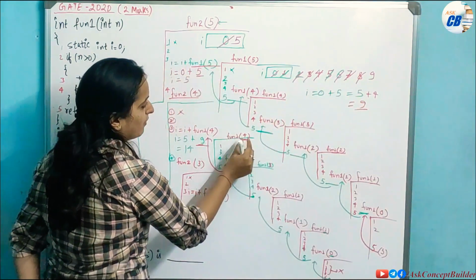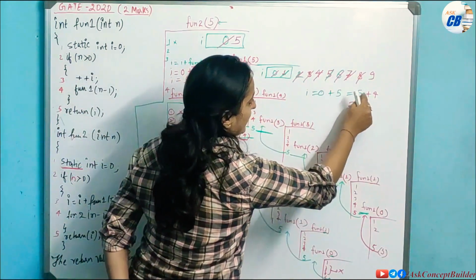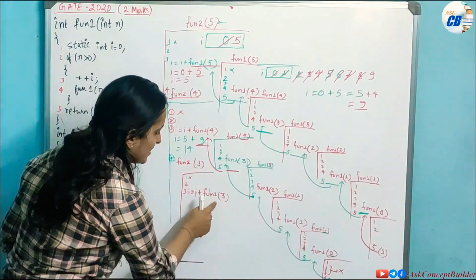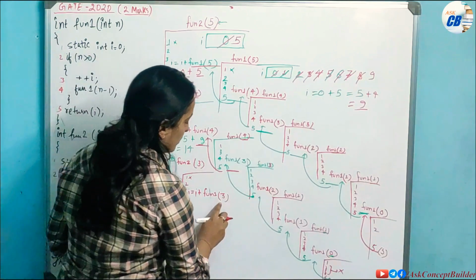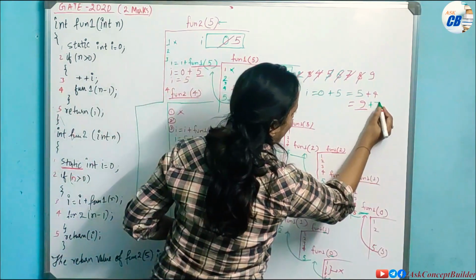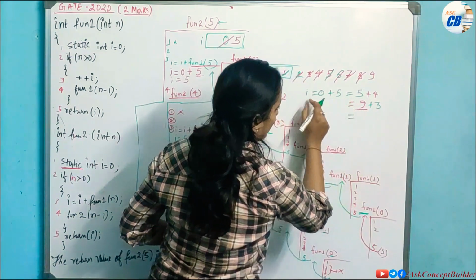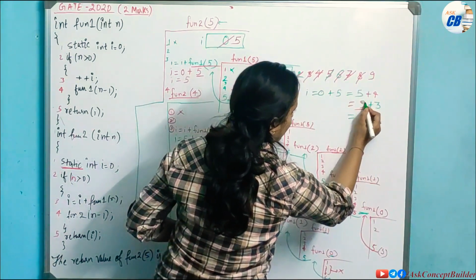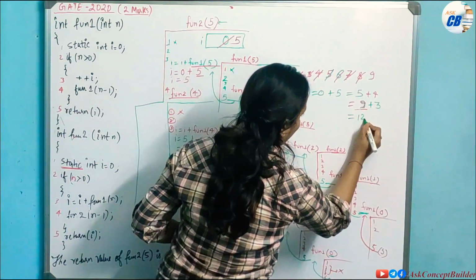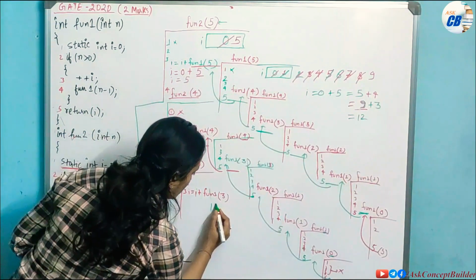Then we passed 4, 5 was there, so it added 4 and we got 9. Now see what it will do when we pass fun1 3. This n equals 3 will be added with the I value, 9, which is already there, and return that value back. So 9 plus 3 is 12. It will return 12 here.